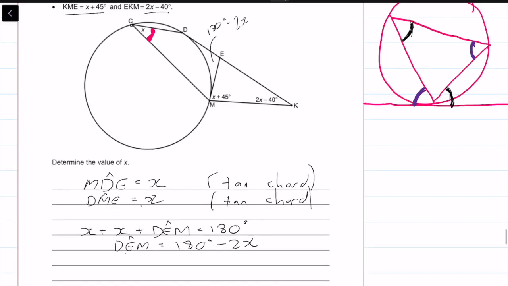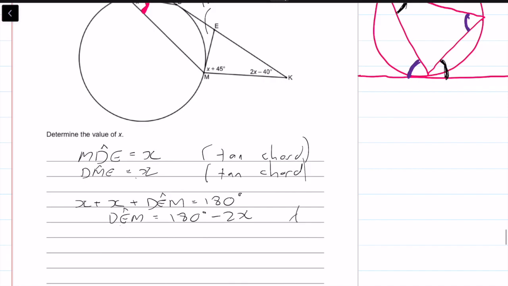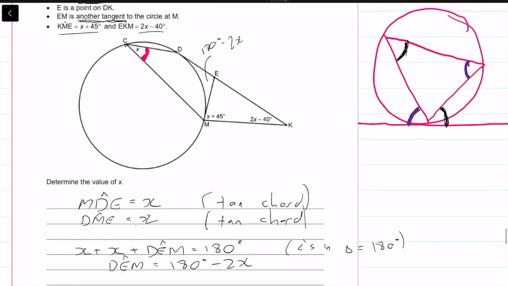That one was angles in a triangle equal 180 degrees. The last one we're going to use is that the exterior angle of a triangle equals the sum of the interior opposite angles.